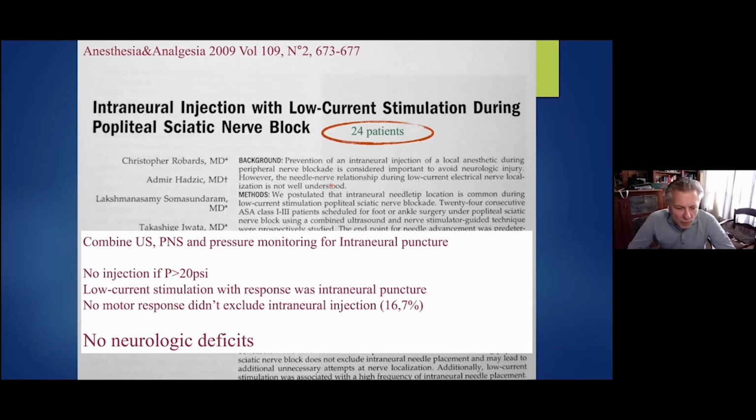They didn't perform an injection if the pressure was more than 20 psi. They proved with the ultrasound that low current stimulation with response meant an intraneural puncture. But I also saw that there were no motor responses in an intraneural positioning of the needle in 17%. But in these 24 patients, there were no neurologic deficits.